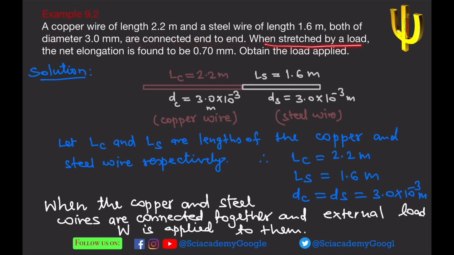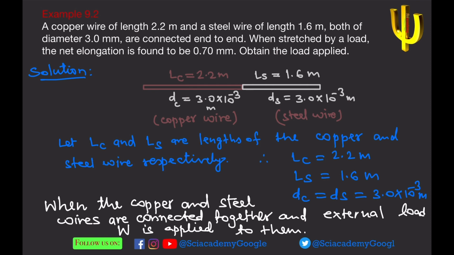When stretched by a load, the net elongation is found to be 0.70 millimeter. So obtain the load applied. In this question, we have to find the load applied. So let's solve the numerical problem.